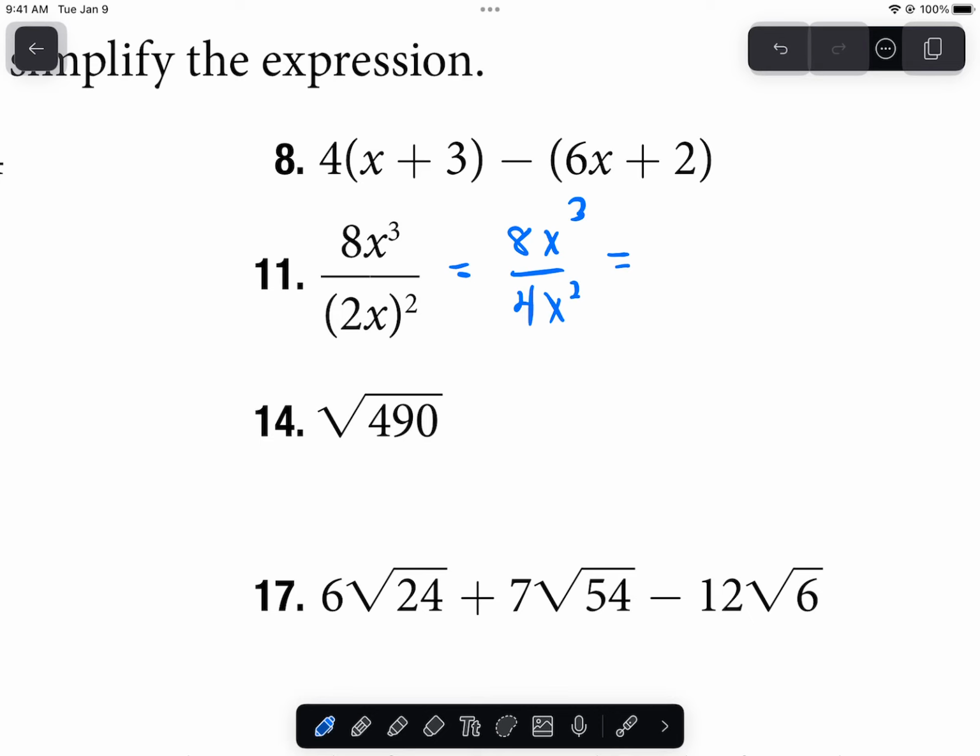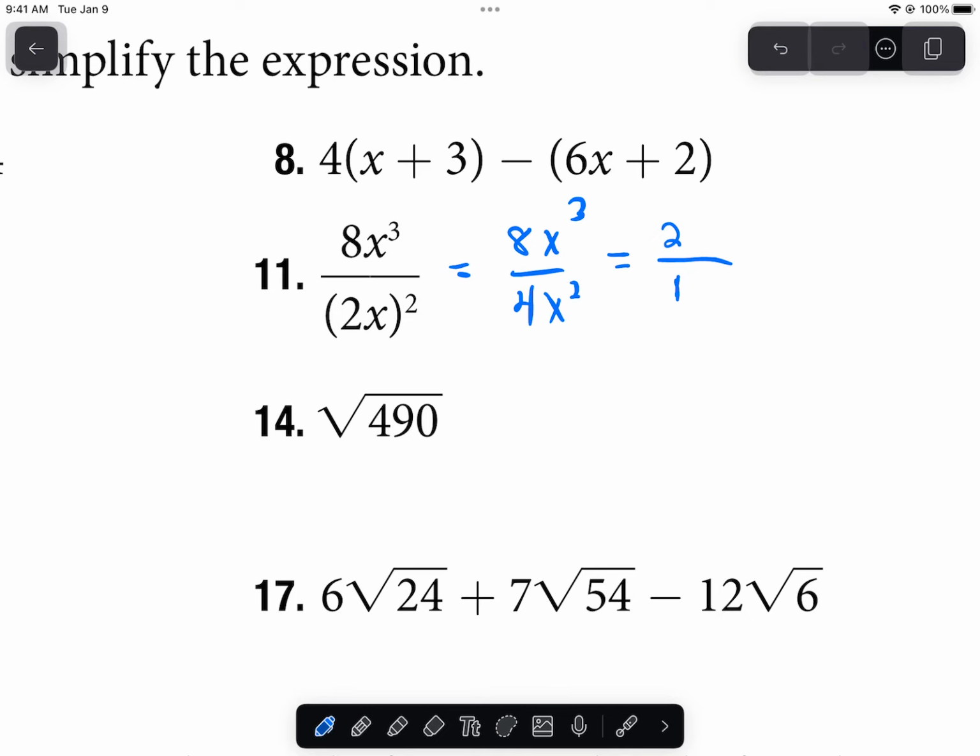Now when I do an algebraic fraction like this, I like to treat the numbers as if it was a fraction, what would I do? And then treat the variables as their own unique thing. So I kind of separate it in my head. 8 divided by 4 is 2. But because there's other stuff down there, sometimes I'll put a little 1 placeholder just in case.